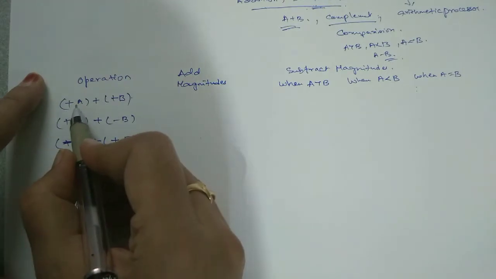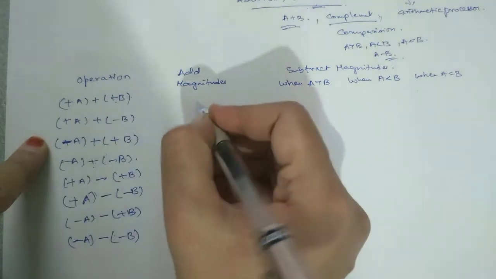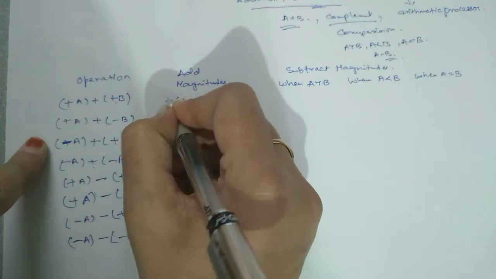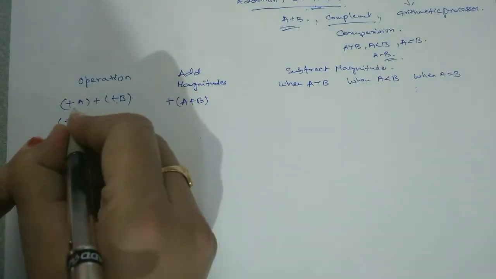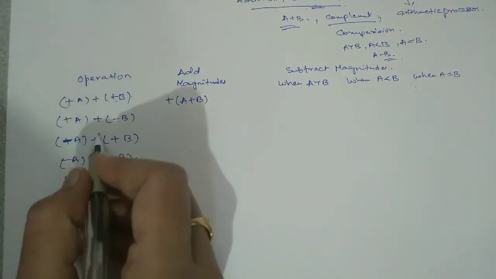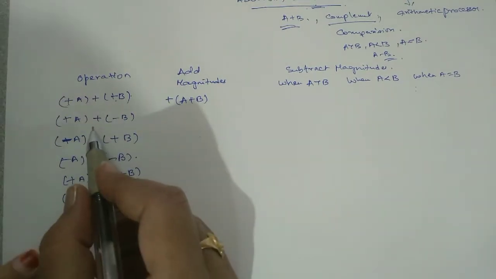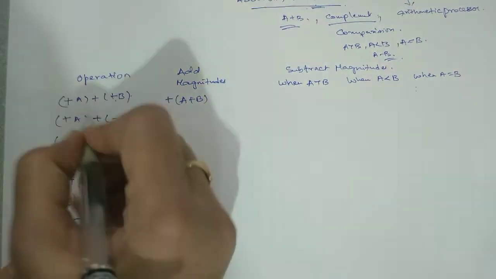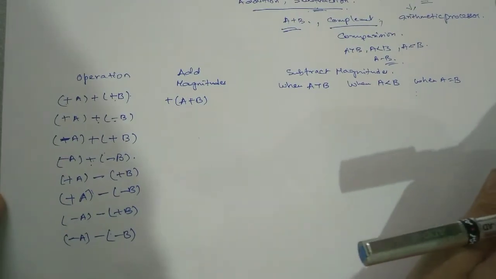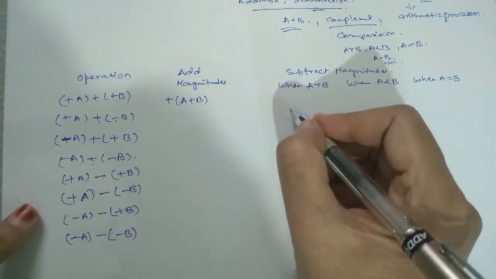So coming to the first one, plus A plus B, which is nothing but A plus B. Now the sign is plus, as these two signs are plus. And coming to plus A plus minus B, here one is minus, the other one is plus. So the operation which is performed is subtract.